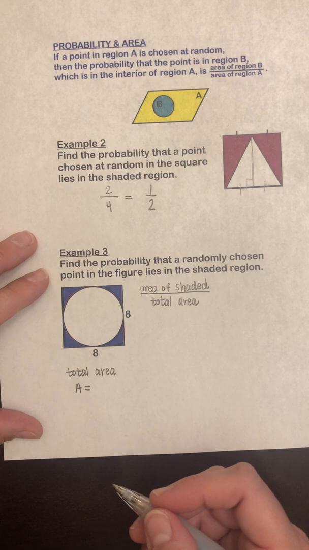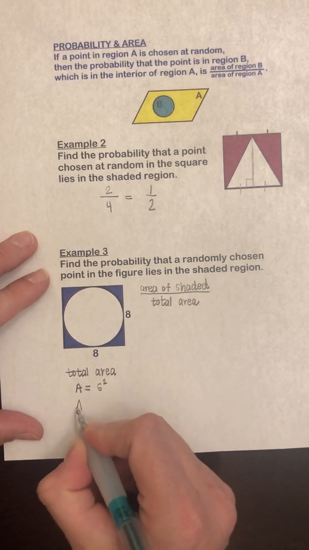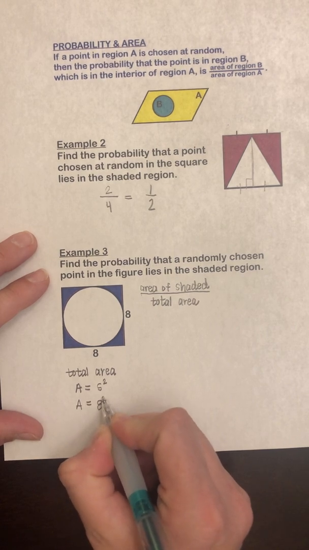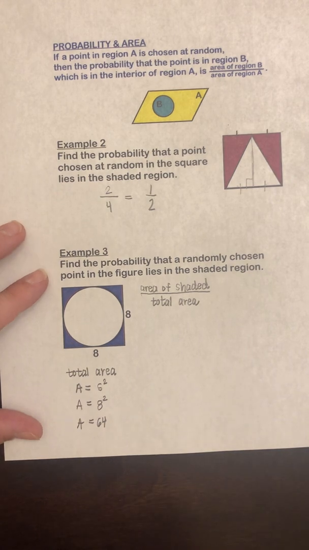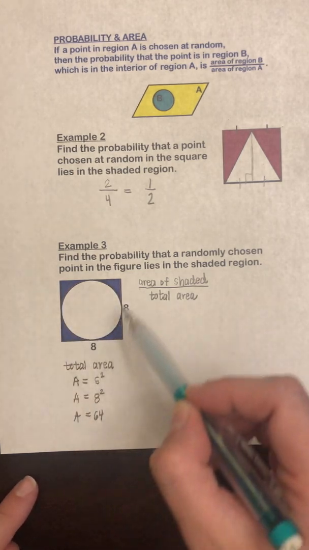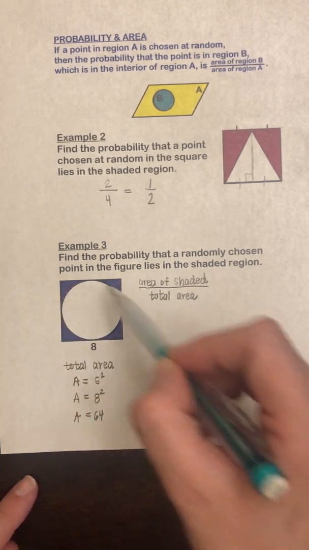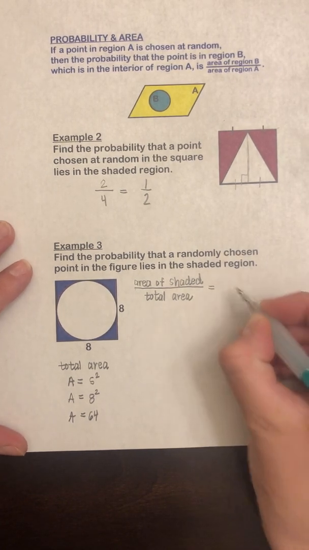Pick one of those 3. Doesn't matter. I'm going to do side squared, side times side, and each side is 8. So the total area is 64. Hopefully that makes sense. So 64 units squared represents that I could land anywhere in here, anywhere in that square. So that gives us the denominator.